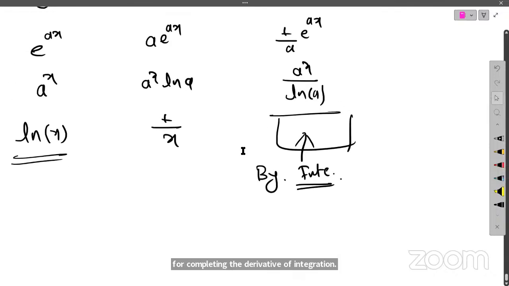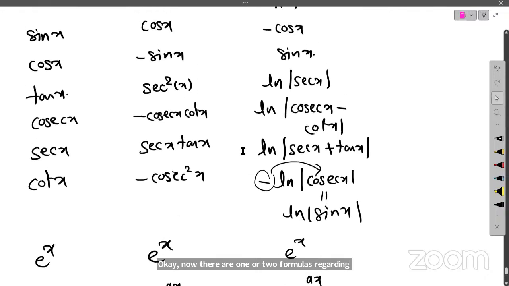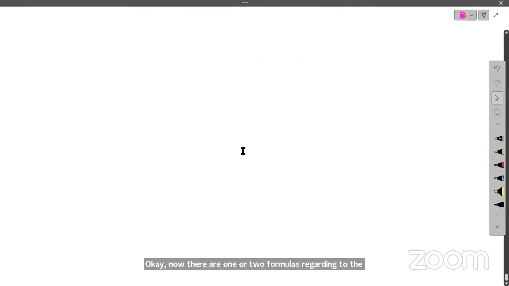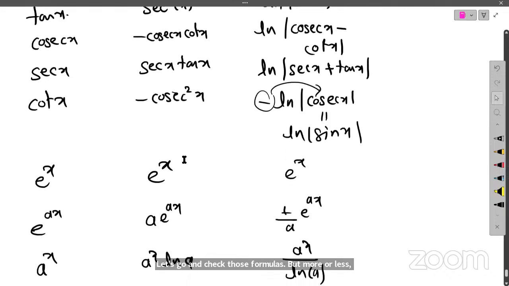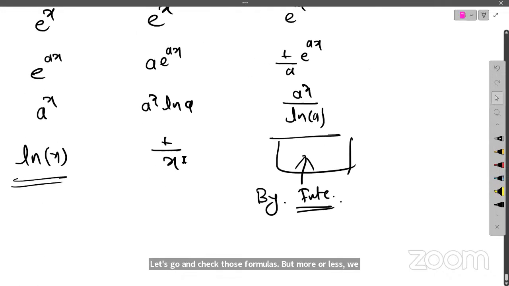There are one or two formulas regarding inverse trigonometric functions also, but more or less we will use only these formulas. We have three methods to compute the integration of any function. Now let's go to the next part, which is the computation of integration.